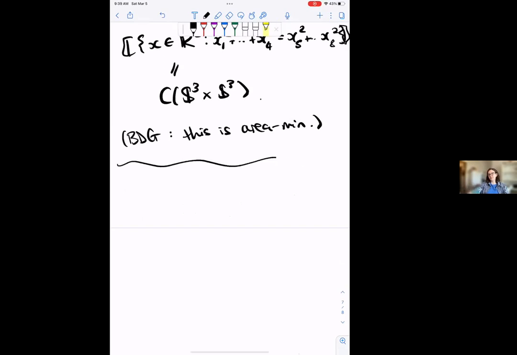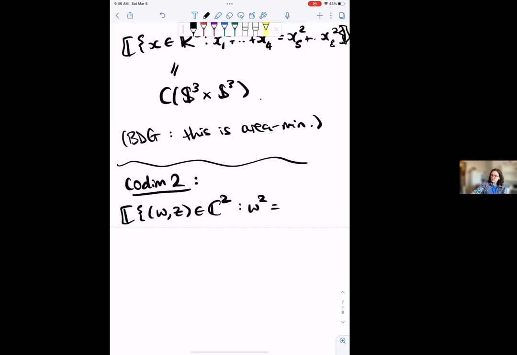And then what about higher codimension? So in codimension 2, for example, you can consider the following. You can consider the 2-dimensional current induced by the points in C2, which you can identify with R4, such that W squared is Z cubed.